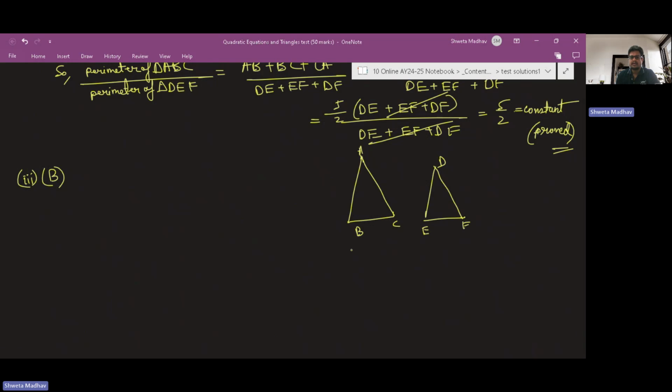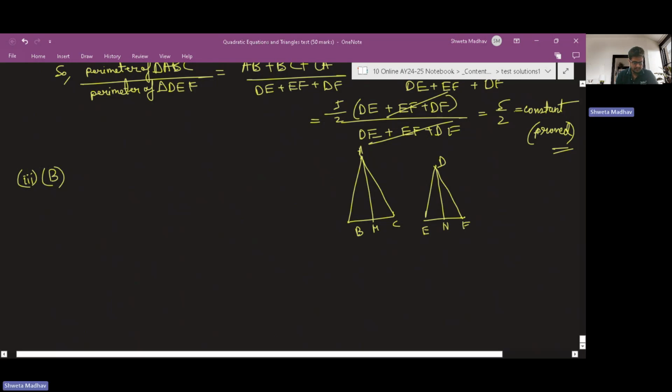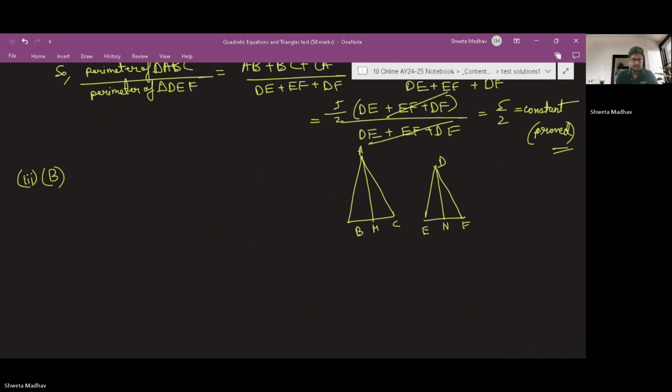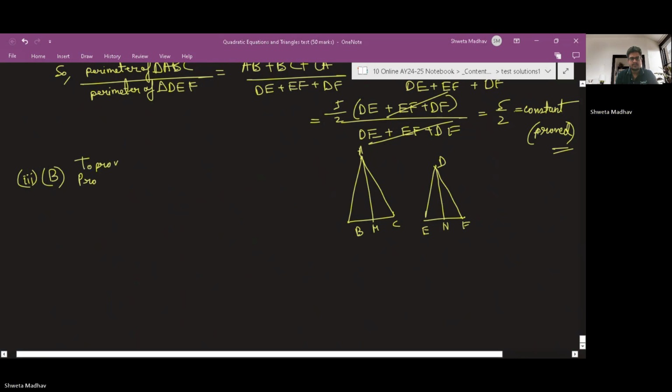Here AM is the median on BC and DN is the median on EF. We have to prove that triangle ABM is similar to triangle DEN.